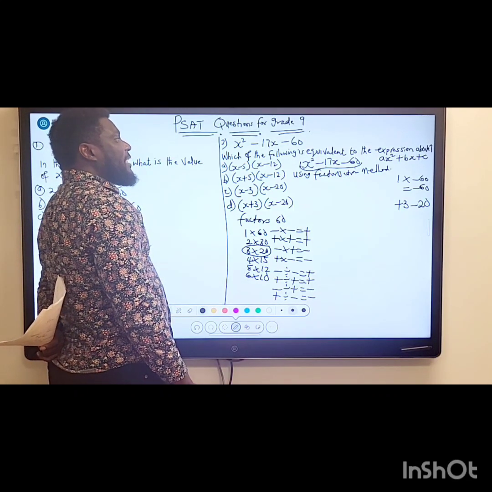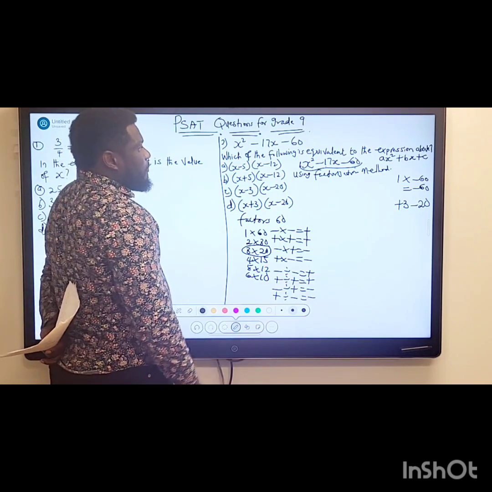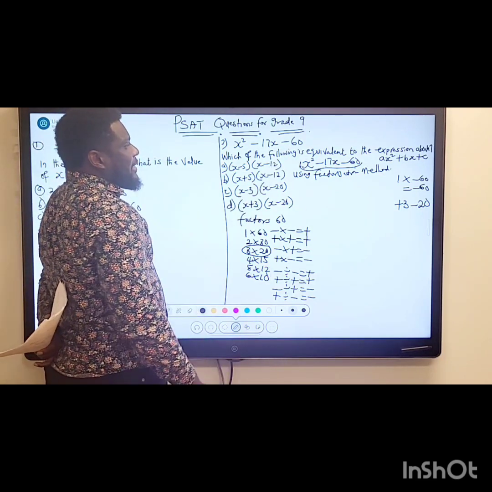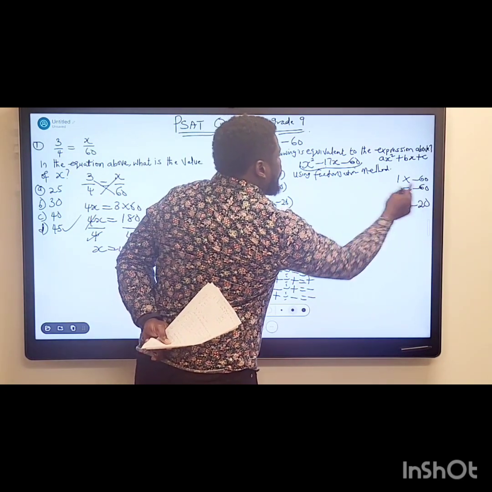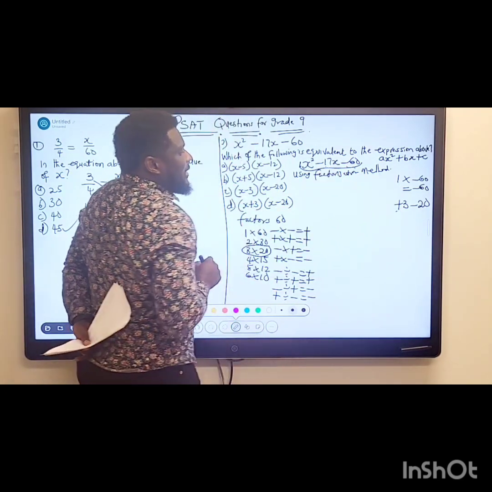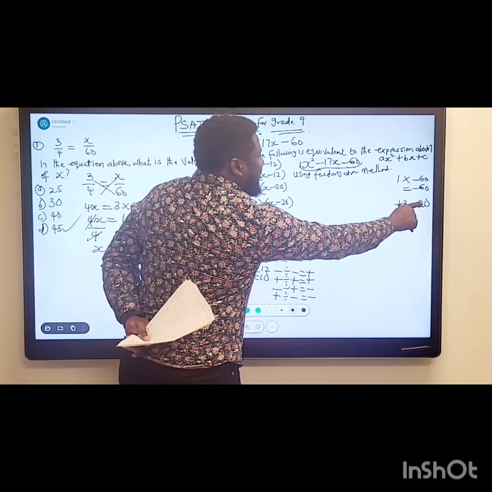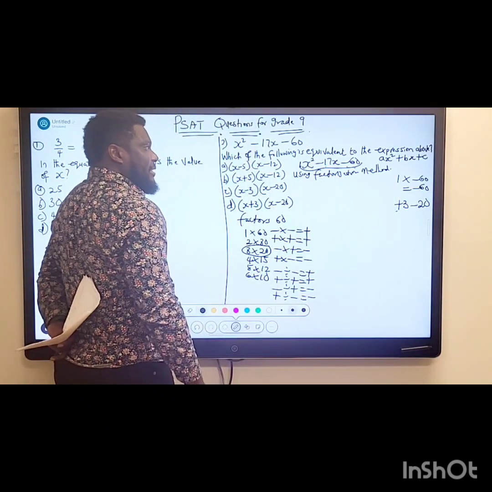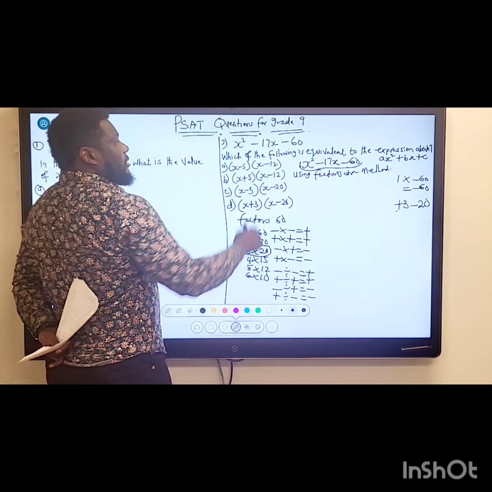So positive 3, negative 20 is what we're going to use. Now let's fit that back, because positive 3 times negative 20 will give us negative 60, and positive 3 plus negative 20 will give us negative 17.